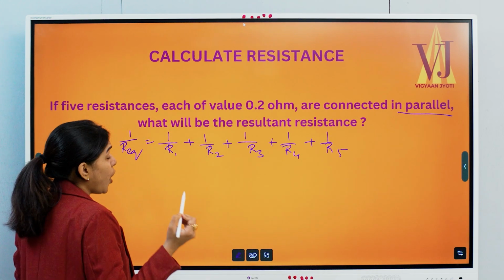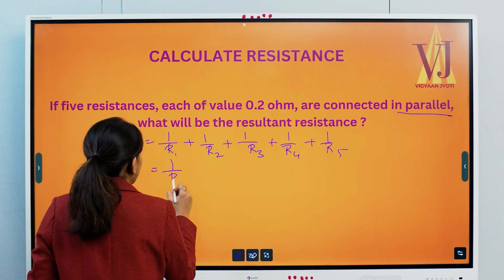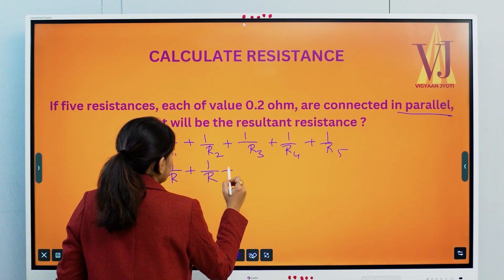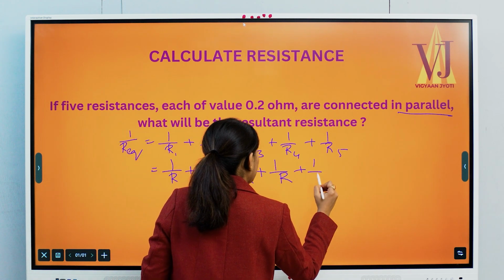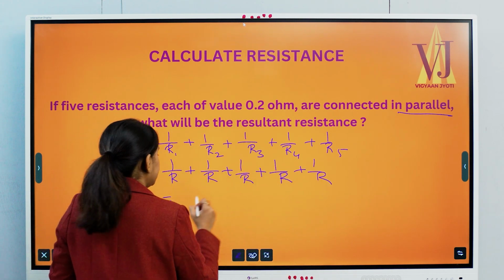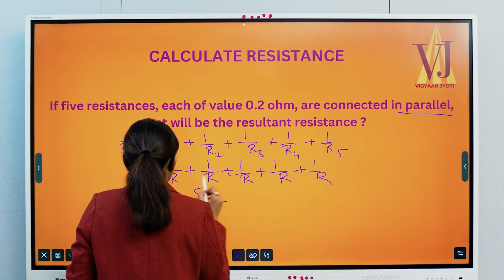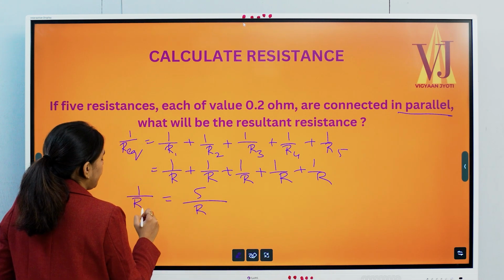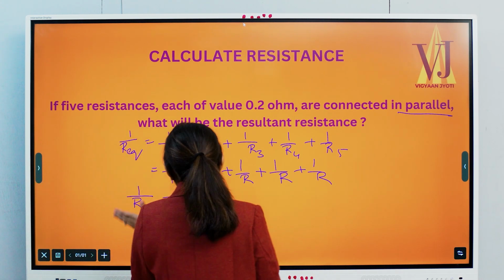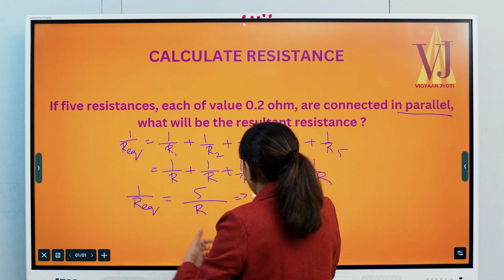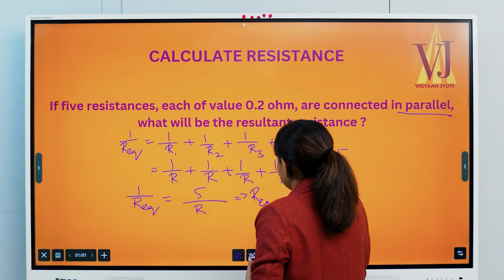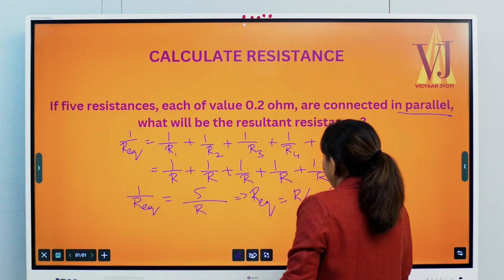Now since my resistances are all the same, I will replace it with R. Total 5. So now the LCM will be R itself, but the numerator will be 5 because there are total 5 resistors, 1 plus 1 plus 1. Now we have to take the reciprocal. So the equivalent resistance is equal to R divided by 5 ohm.